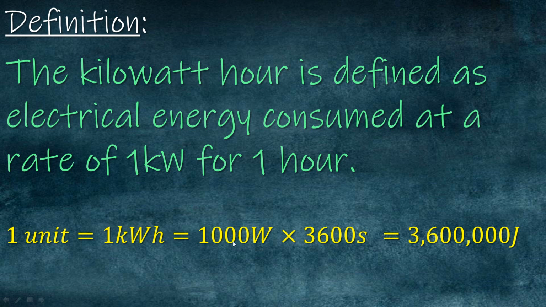And when you multiply 1000 times 3600, you end up with 3.6 million, which is 3,600,000 joules. Therefore 1 kilowatt hour is equal to 3,600,000 joules. I repeat, 1 kilowatt hour is equal to 3,600,000 joules.